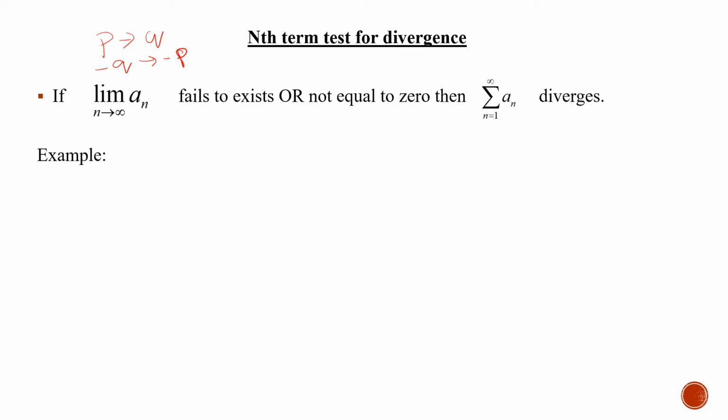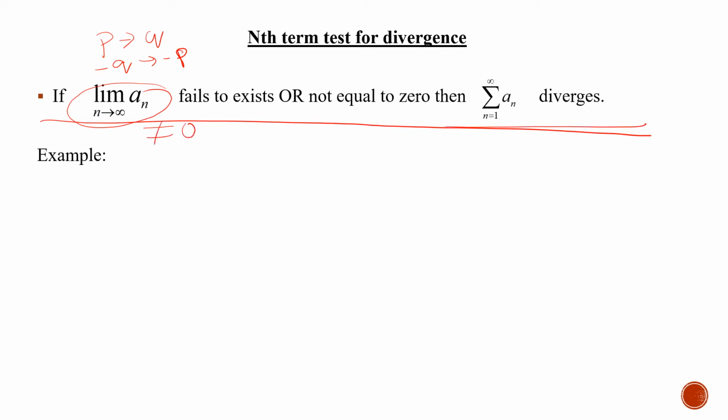Now take the negation of Q: if the limit of an fails to exist or is not equal to 0, that is, the sequence is not converging to 0, then we can say that the summation of an from n equal to 1 to infinity also diverges. So this is called the nth term test for divergence: if the limit fails to exist or is not equal to 0, then our series also diverges.